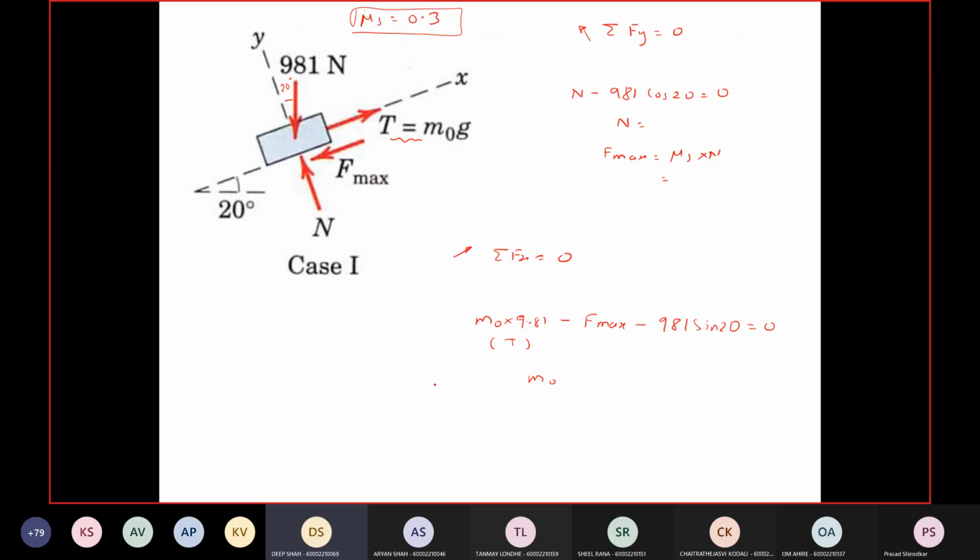Sir, N is 921.838. Correct. So I have rounded it off to 922 newtons. And F max is 276.5 or 277 newtons.